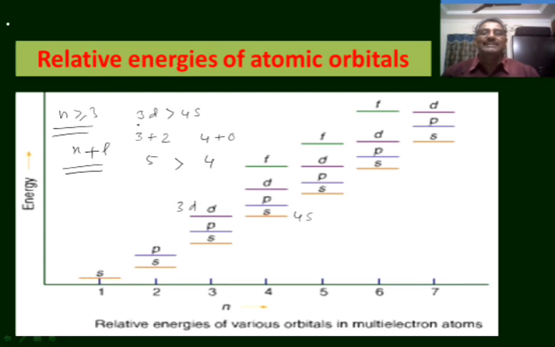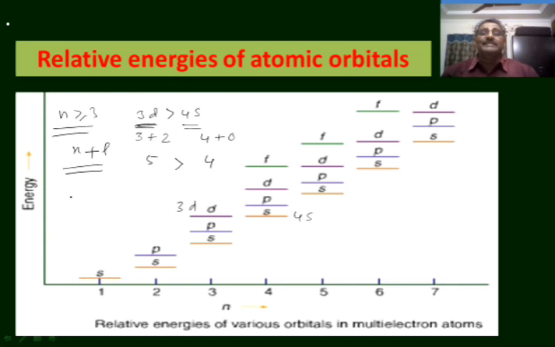So the energy of 3d is greater than the energy of 4s. Though 3d belongs to the third main energy level and 4s belongs to the fourth main energy level, the energy of 3d is higher than the energy of 4s. What would be the reason? The reason is the n plus l value of 3d is more than the n plus l value of 4s.